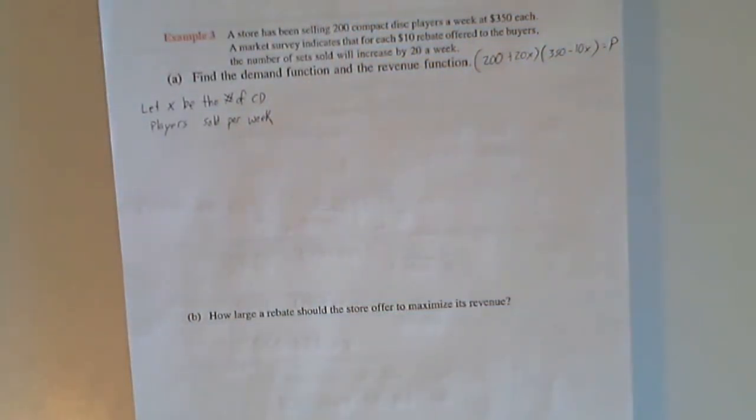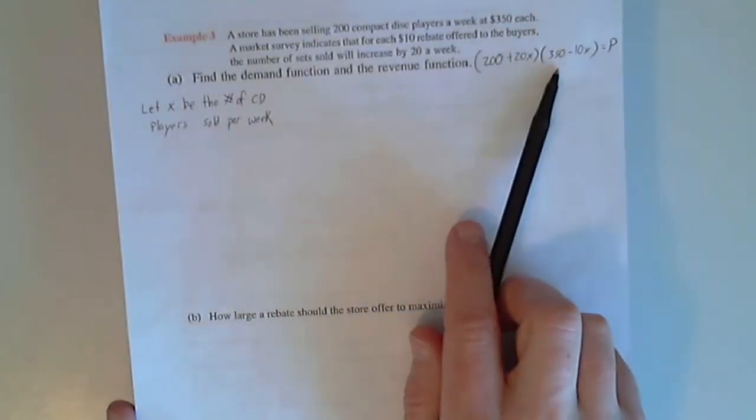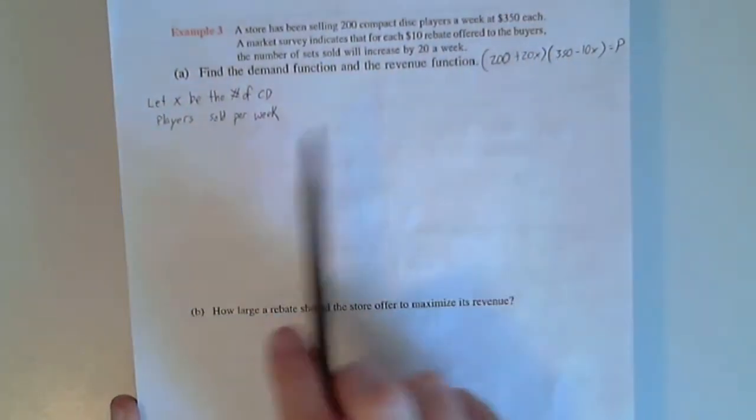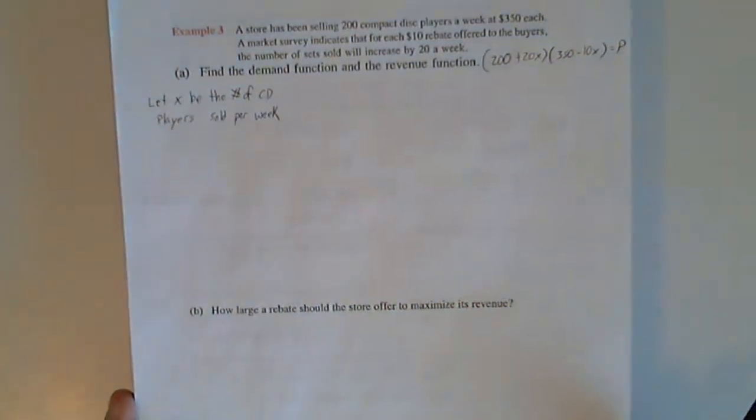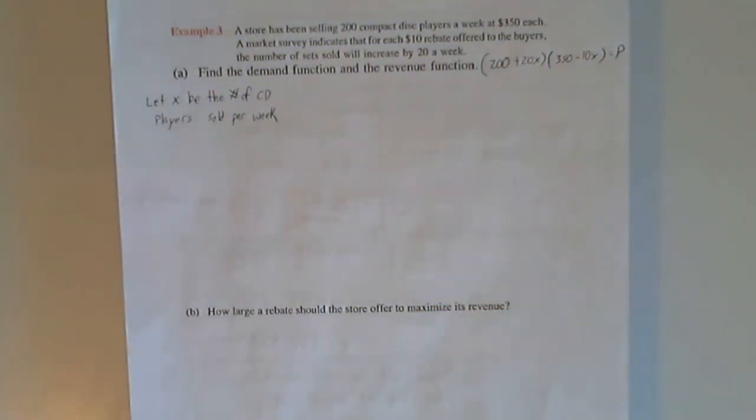In all of our demand functions and revenue functions, in all of our functions in economics, X, our variable, is the number of units sold. That's always the way they define it. So we can't define it the other way, which actually makes the question a bit easier, I think. We have to stick with it in the economic sense. So we need to come up with an equation now, given X is the number of CDs sold.